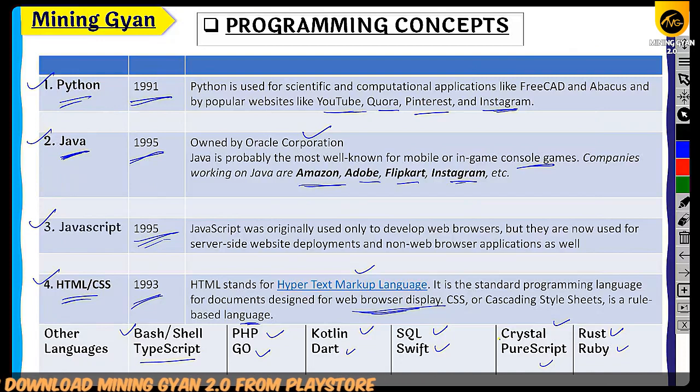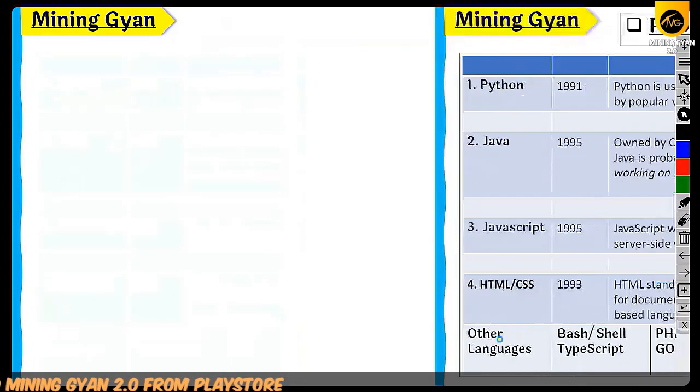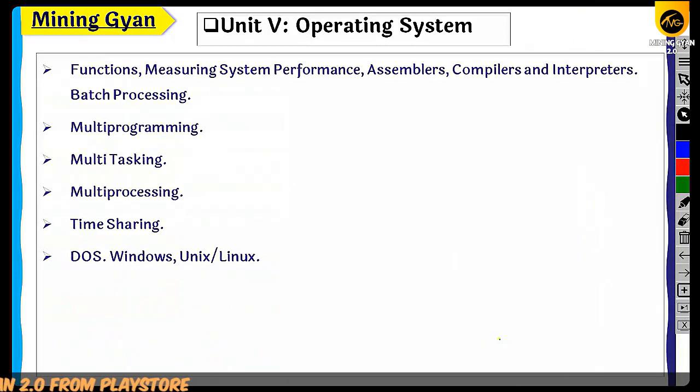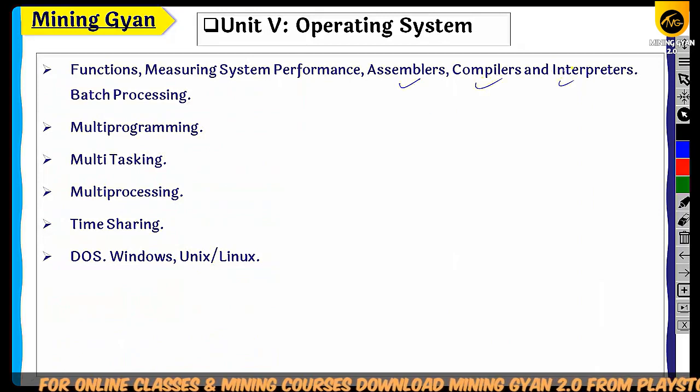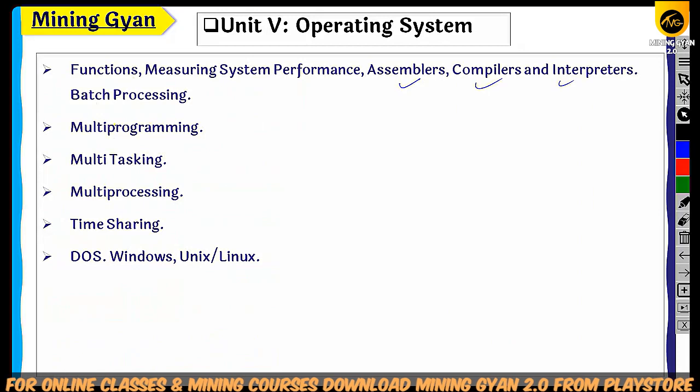In the next class we will discuss unit number 5. Basically we can skip unit number 5 because I have already explained the types of operating systems. In the last class I discussed multi-programming, multitasking, multi-processing operating systems, time-sharing operating system, DOS, Windows, Unix, and earlier I spoke about assembler, compiler, interpreter. These are the subtopics of unit number 5.